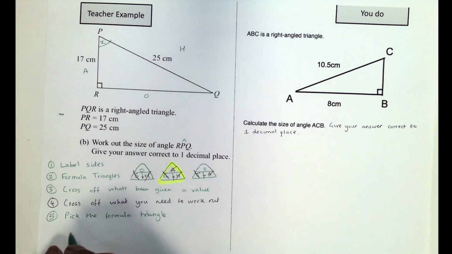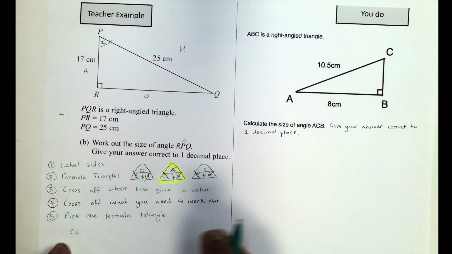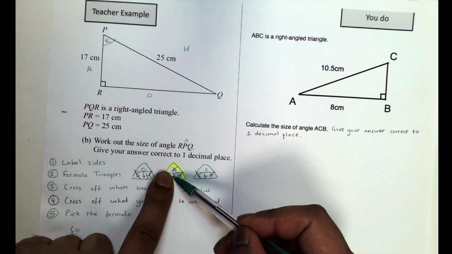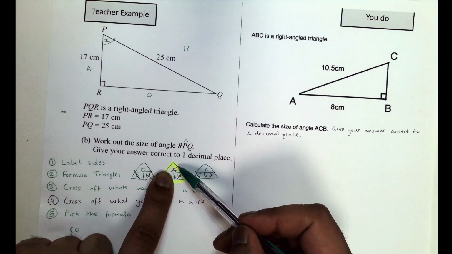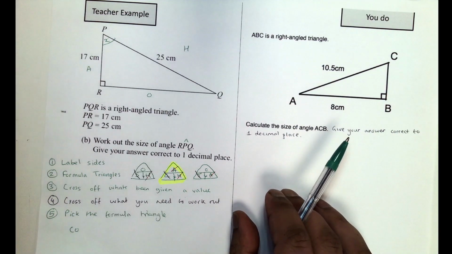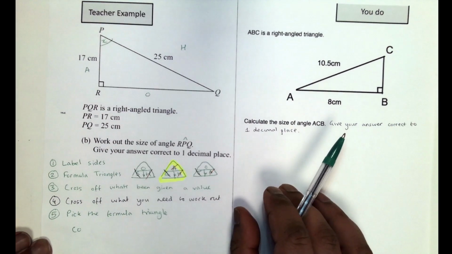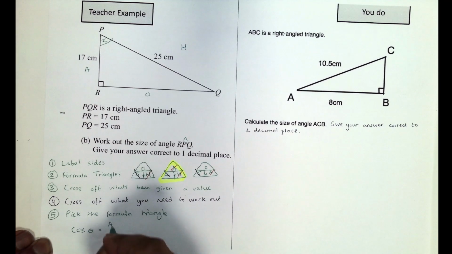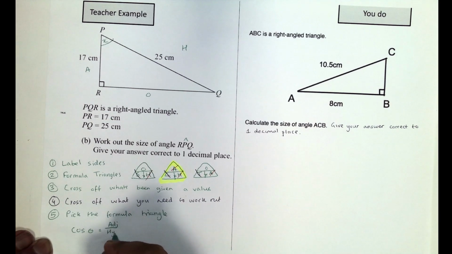We're working out the angle, so I'm going to cover the angle, and it tells me cos theta is equal to A divided by H. So the adjacent divided by the hypotenuse.